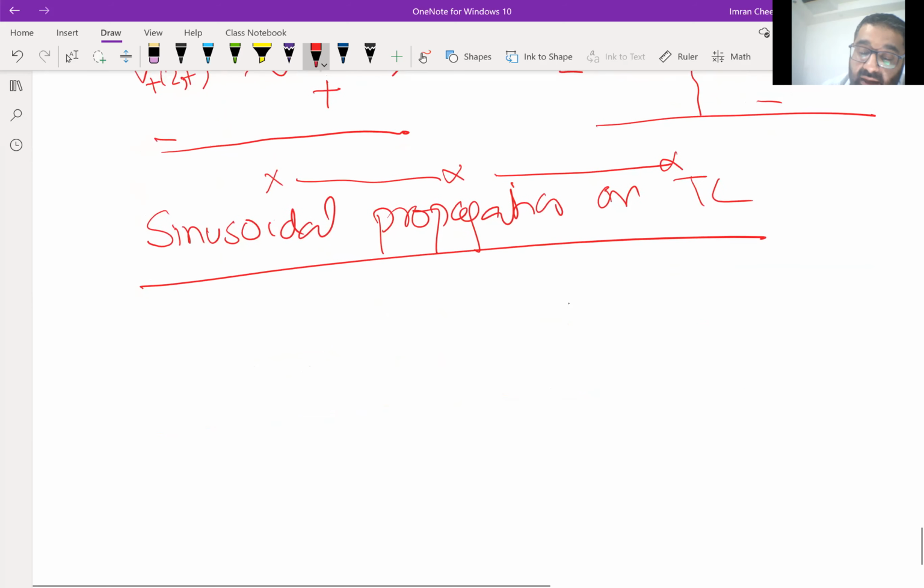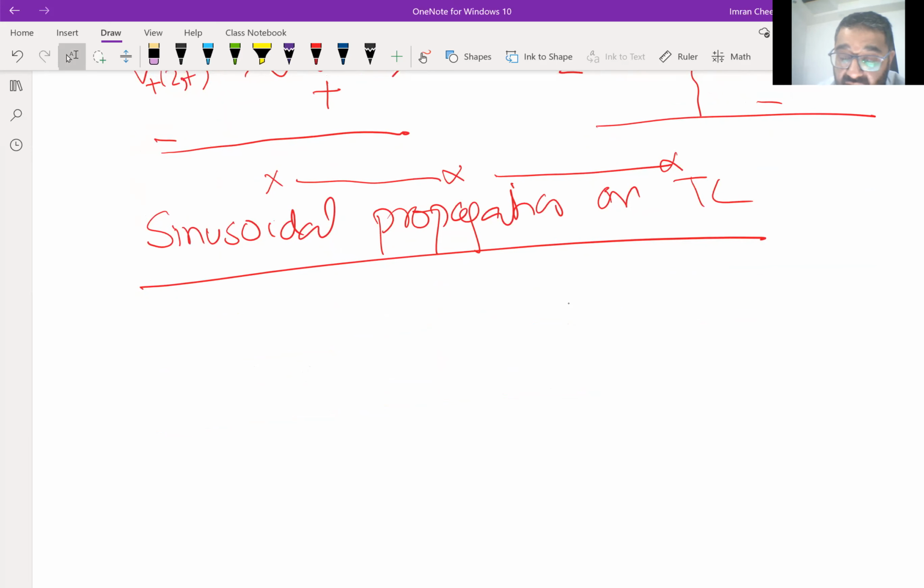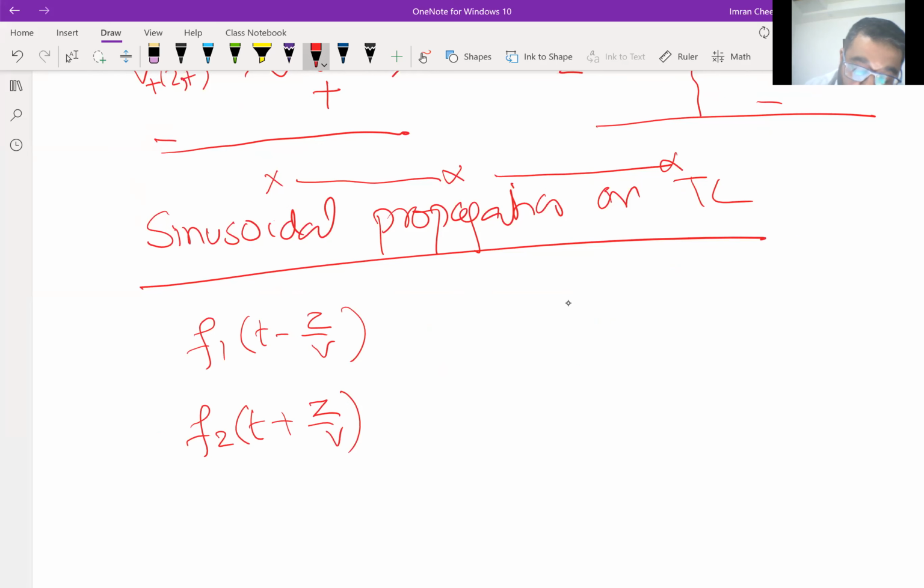So let's look over the sinusoids, some basic fundamental stuff which you may have already seen before we start our formal treatment of sinusoidal propagation on transmission lines. Few things first, and make sure you pay special attention to that. There's a very fundamental thing which students often get confused over. So I wrote f1(t - z/v) and f2(t + z/v).